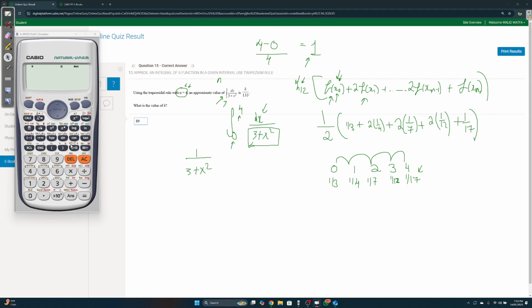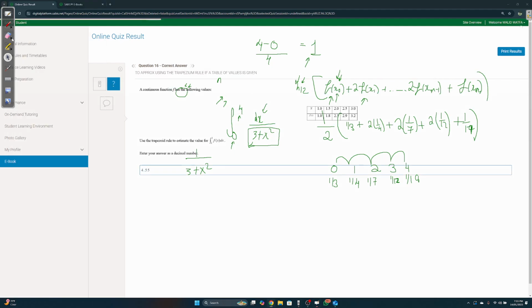You should get 89 over 133, but let's try it. 1 over 2, open bracket, 1 over 3, plus. Let me speed this up. I just want to point out that 4 squared plus 3 is not 17, it's 19, so let me fix this. It's 19 over here. You get 89 over 132.